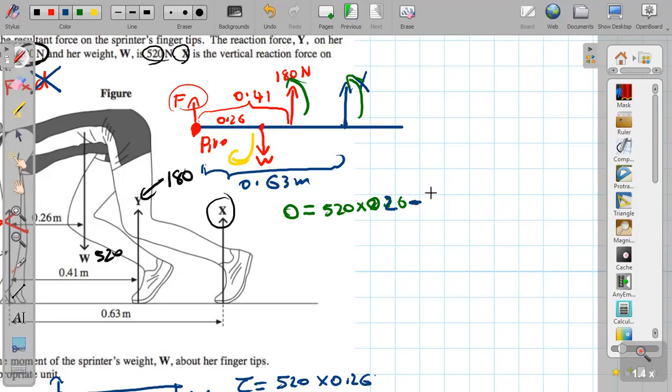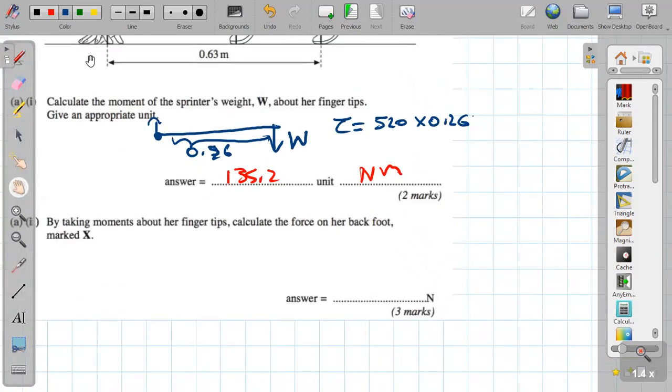Minus, what is the other one? 180. 180 times 0.41 times what? Come to here. 0 equals, what is the answer? 135.2 minus, what is the next one? 180.